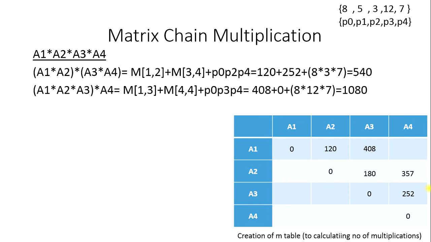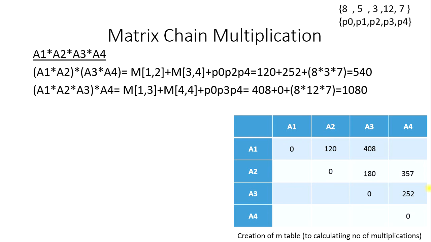Second combination, A1 into A2 into A3, the product of that multiplied by A4. So A1 into A2 into A3, we already solved that. We have the number of multiplications in the table, that is M1,3 plus M4,4, which is 0, and P0, P3 and P4.